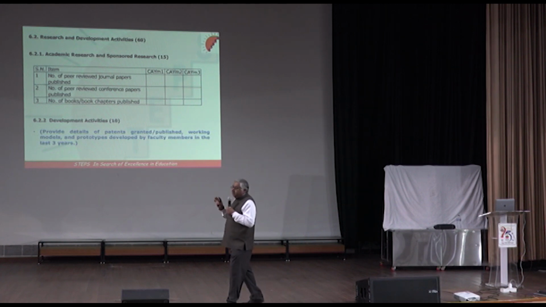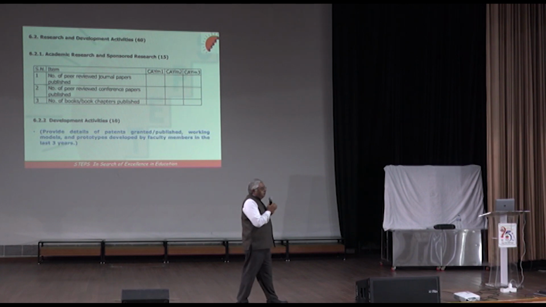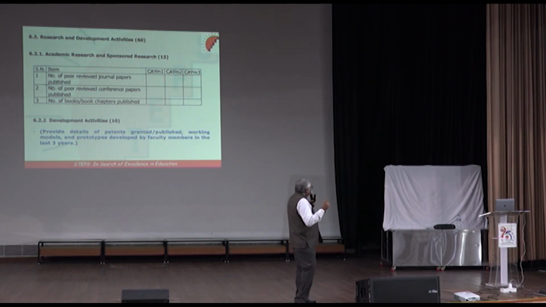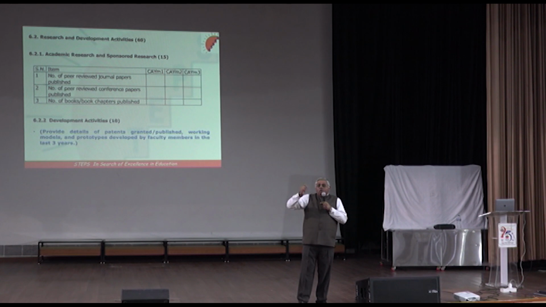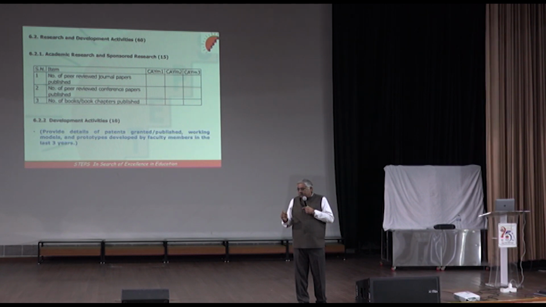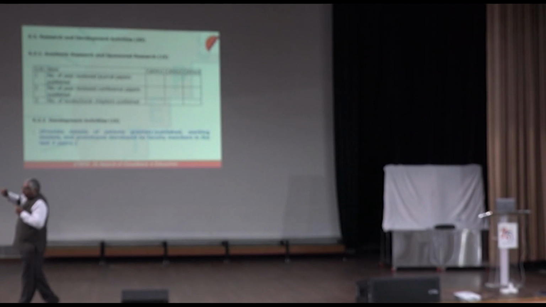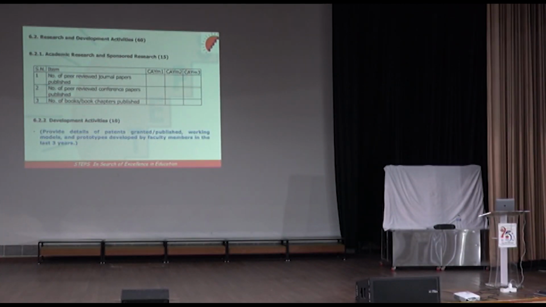But NAC has given guidelines for publication, where they talk of peer-reviewed journal papers, minimum 2 per faculty per year. Similarly, for conference papers and book chapters, both combined, they talk about minimum 2 per faculty per year.